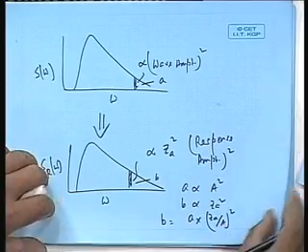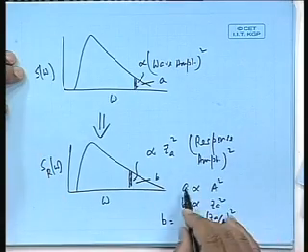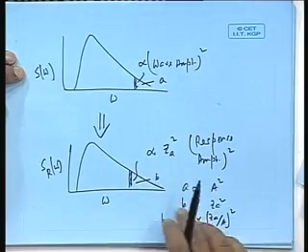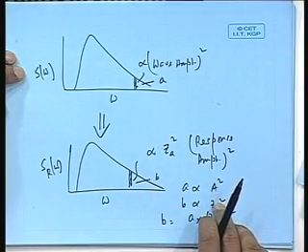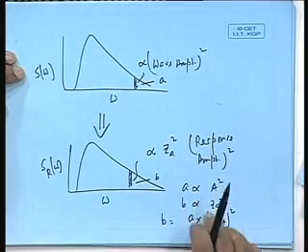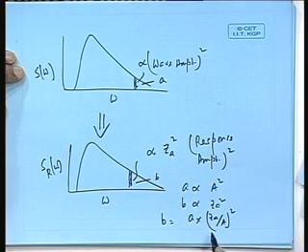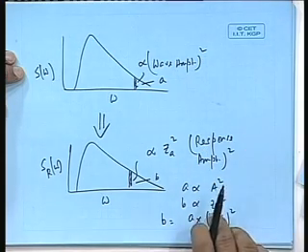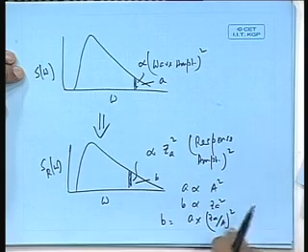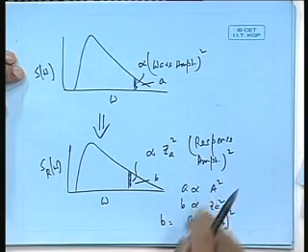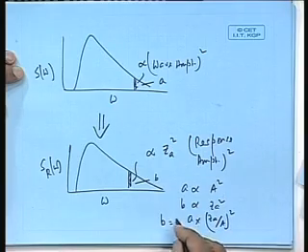Now this is an important part. A is proportional to wave amplitude square, and B must be proportional to response amplitude square. Therefore B is proportional to Z square, because if you write that, this is A square into Z square by A square, so it becomes proportional to Z square.